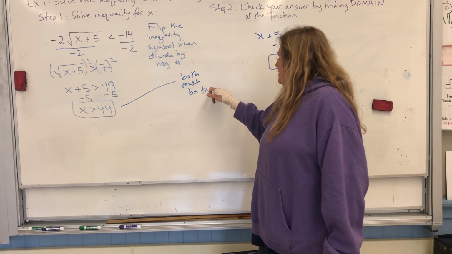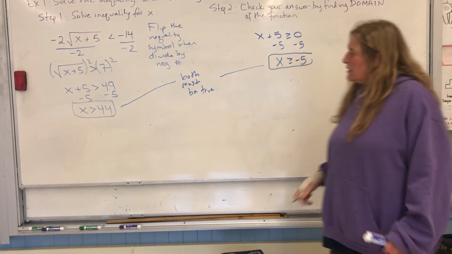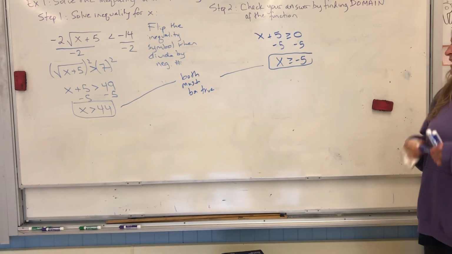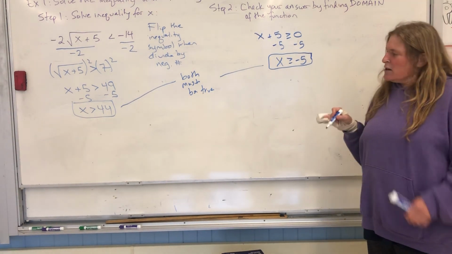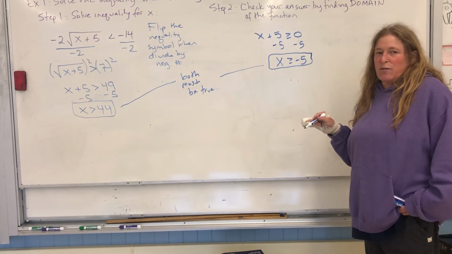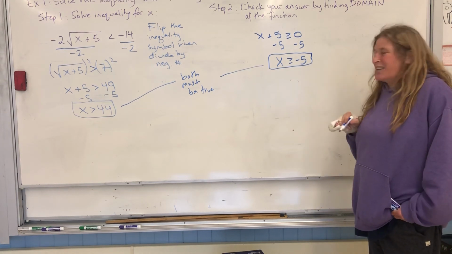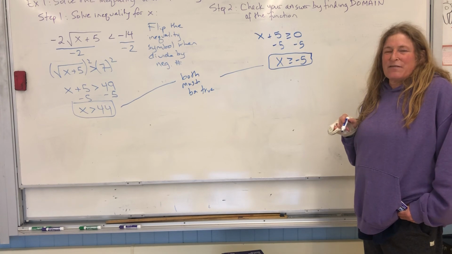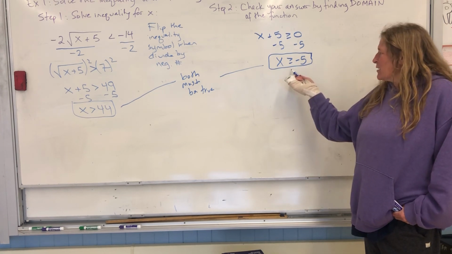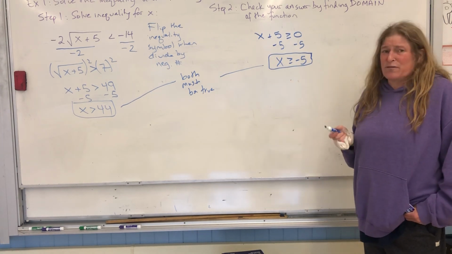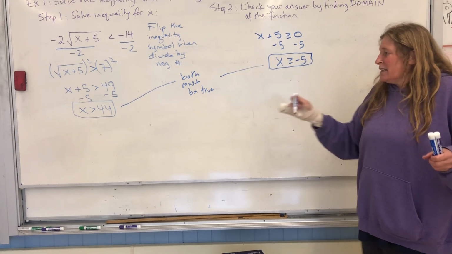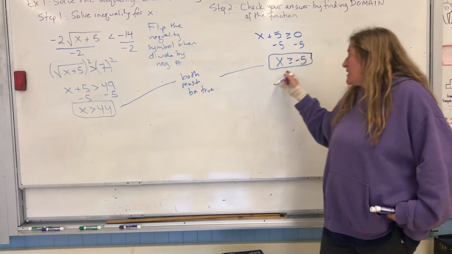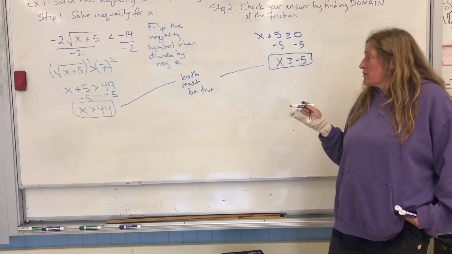Okay, so let's think about this for a sec. We're going to try to combine these two things into one inequality. If I know that x is greater than 44, and I also know that x is greater than or equal to negative 5, well, x is greater than 44 kind of includes that already. Any number greater than 44 is, by definition, greater than negative 5 as well.